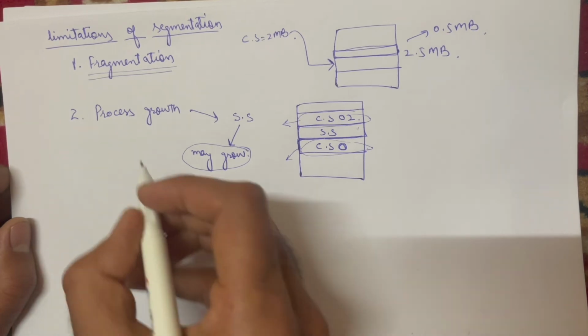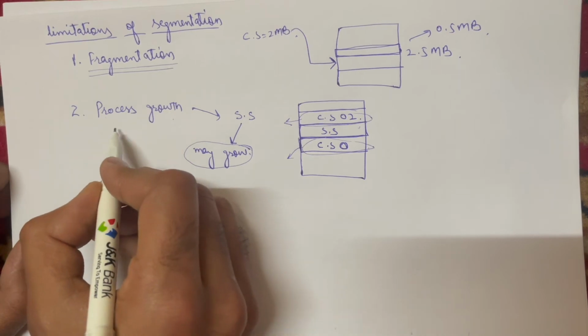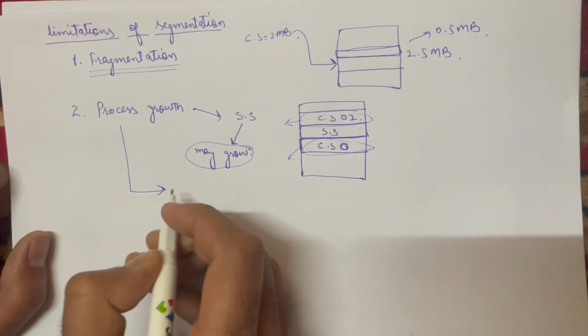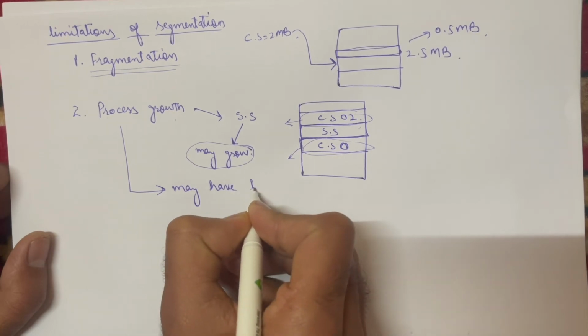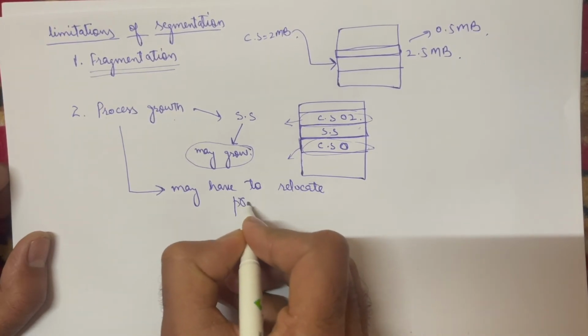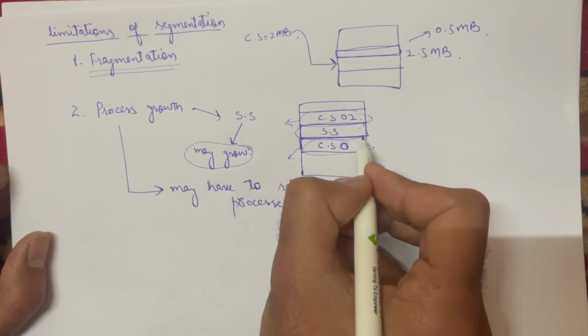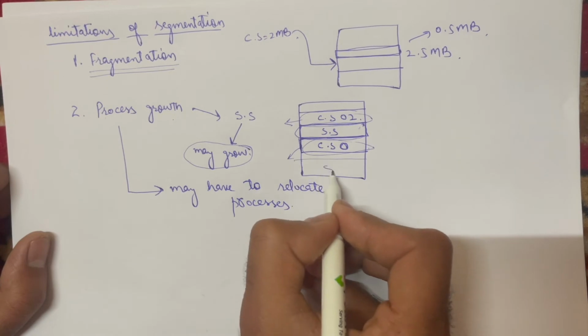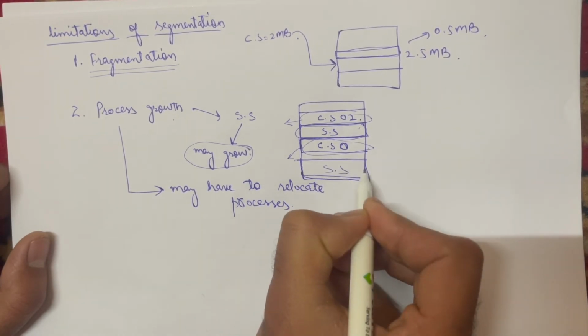So if there is process growth in segmentation, then there is a possibility that we may have to relocate processes. For example, I may have to take this stack segment to some other place where space is available for a larger size.